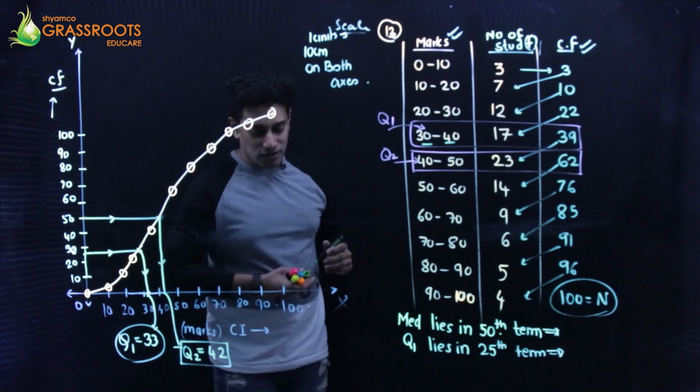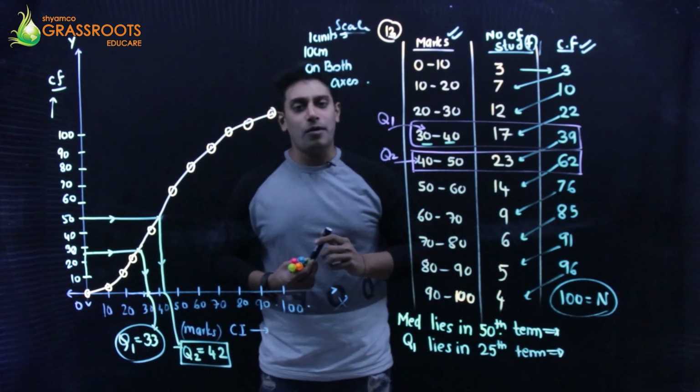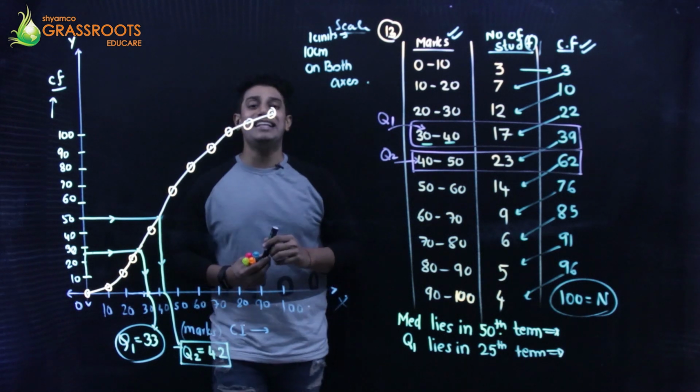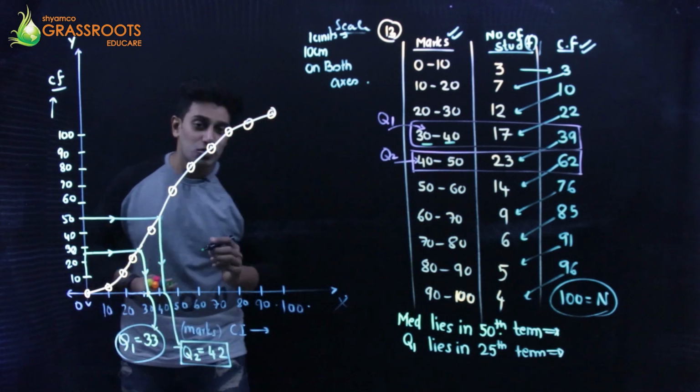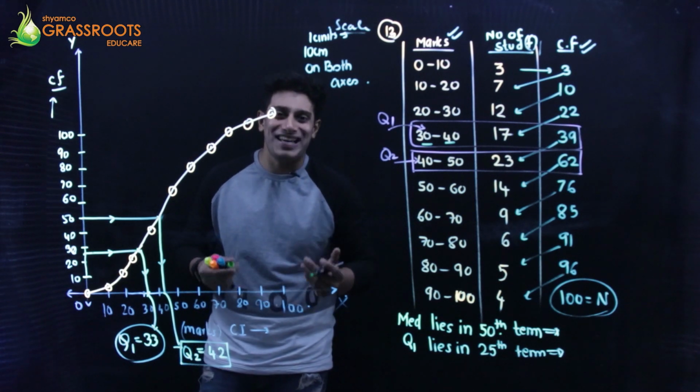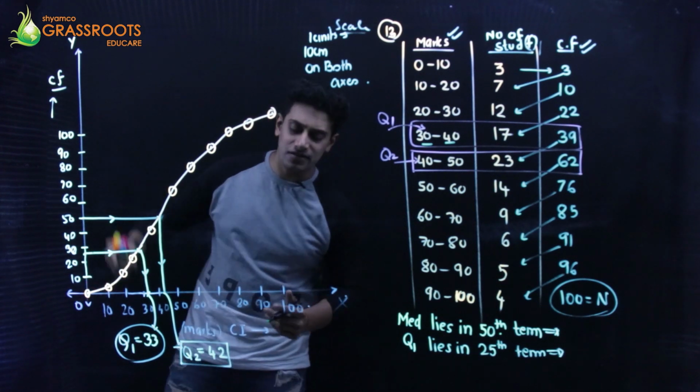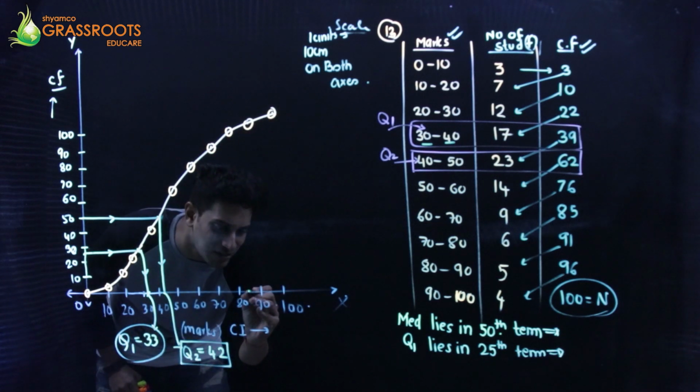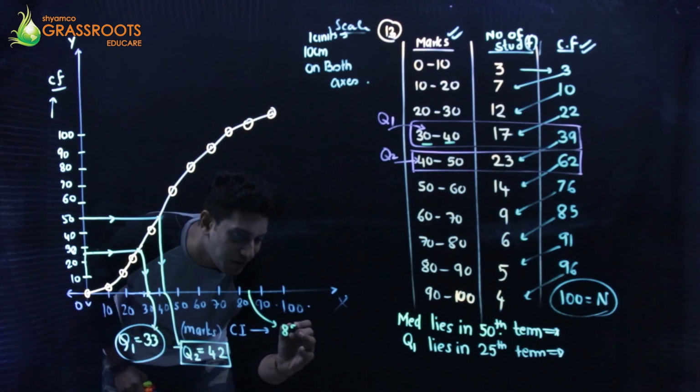The next question asked is, find the number of students who have secured more than 85% marks. So whenever such questions are asked to find the number of kids, which is on the y-axis, you trace it from x to y. This is 85.